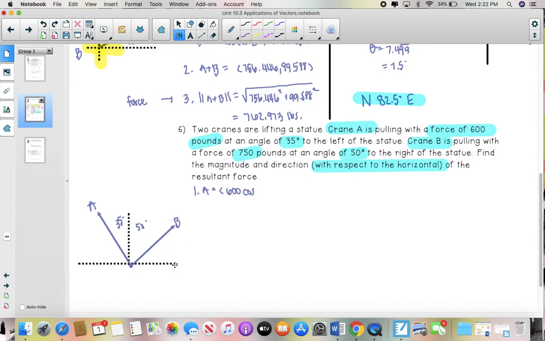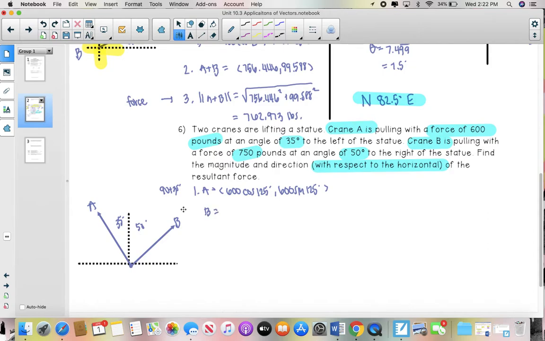We have to use it from the positive x-axis. So we're going to go up, that's 90 degrees. So it's going to be 90 plus 35. I'm just going to write here, 90 plus 35 is how we got this. So that is 125 degrees. We have the same thing, but with sine. And voila, that's that.